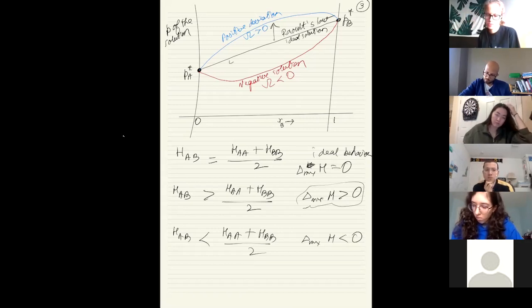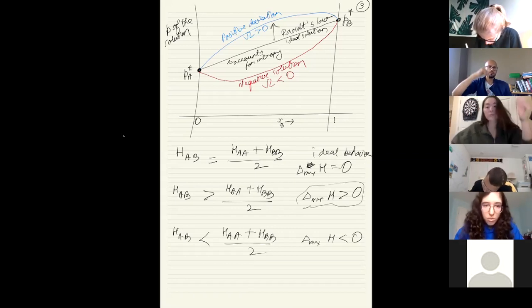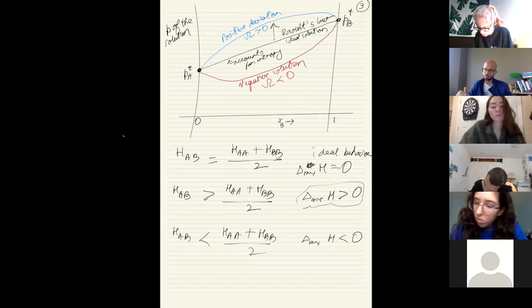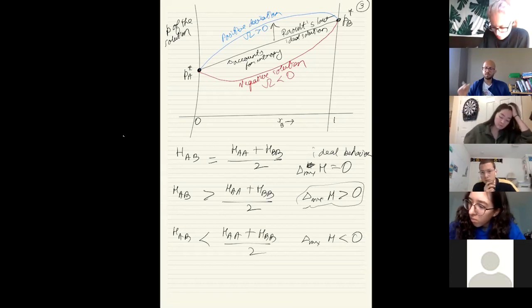This accounts for entropy, assuming it to be ideal. The entropy is already accounted for in the straight line. The thing that we have not accounted for is the enthalpy. If delta mix H is positive, why should the pressure of this solution be higher than that of the ideal behavior? Any ideas?